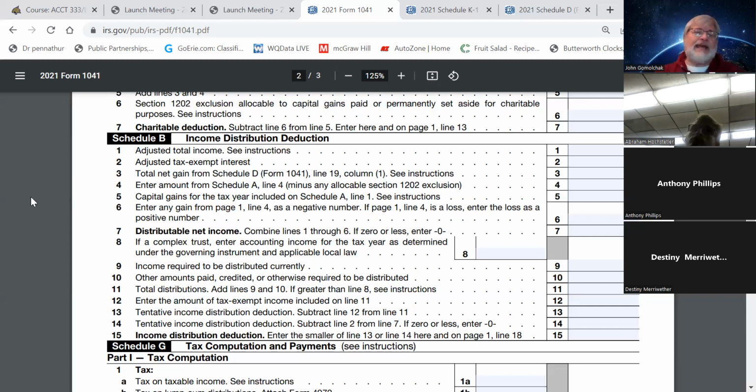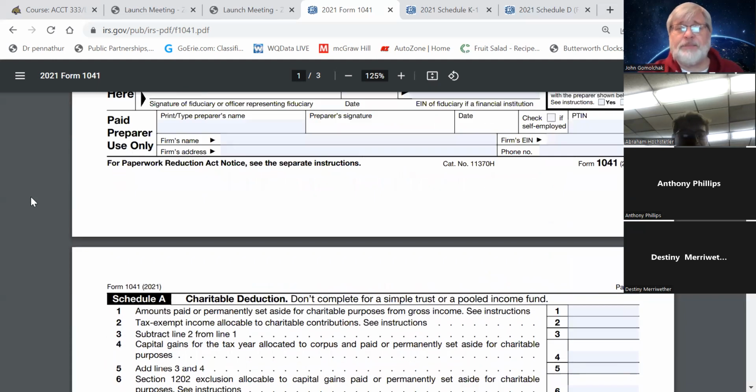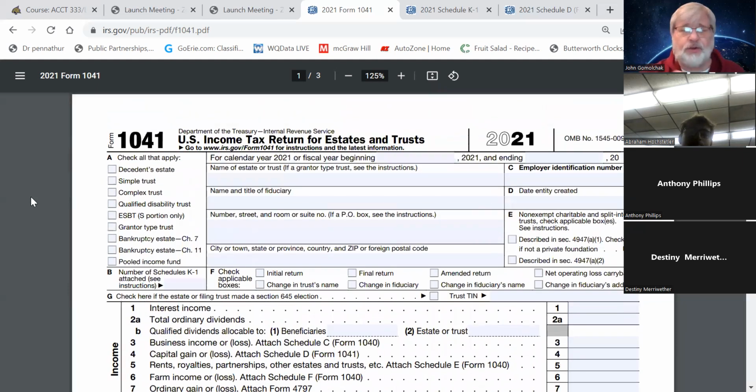Okay. Line 8. If a complex trust, enter accounting income for the tax year as determined under the governing instrument and applicable local law. All right, I have to go back to page 1 because it's time to start scaring you with different types of trusts.